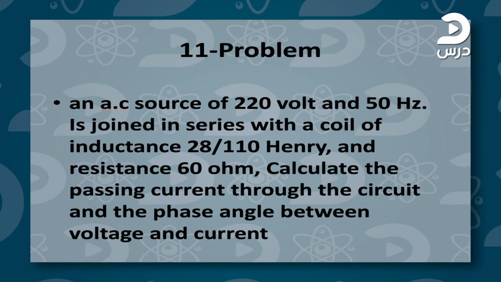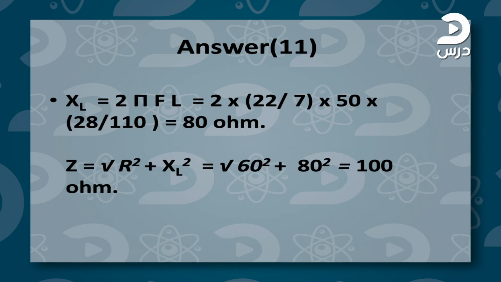Calculate the current passing through the circuit and the phase angle, tan theta, between the volt and the current. First I must find XL, 2πfL, equals 2 multiplied by 22 over 7 multiplied by 50 multiplied by 28 divided by 110 equals 80 ohm.